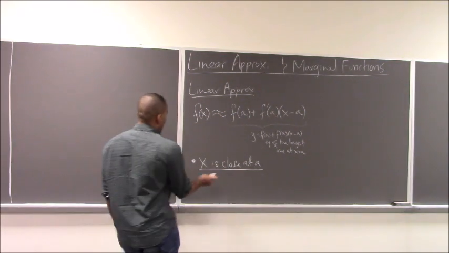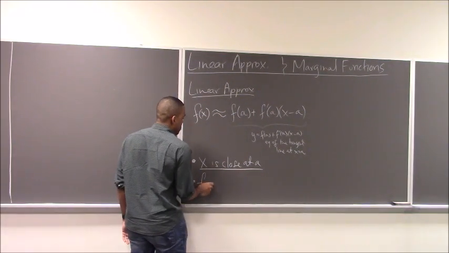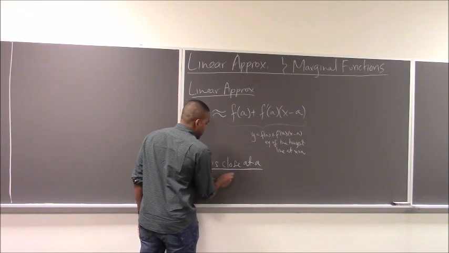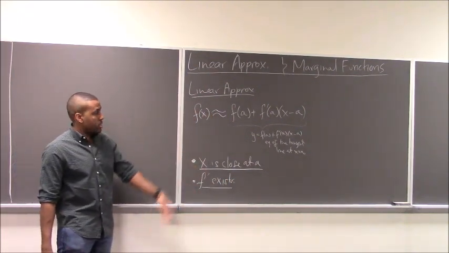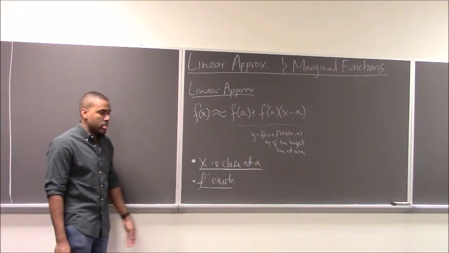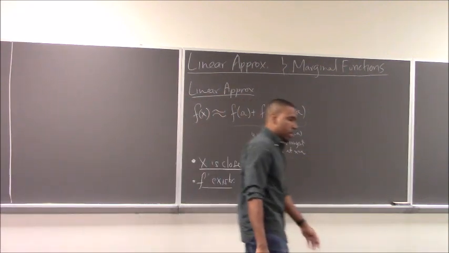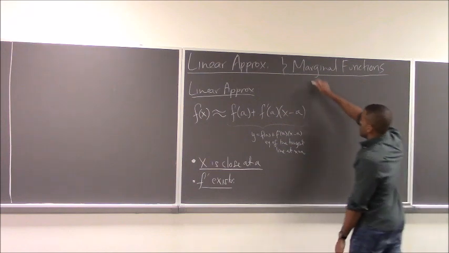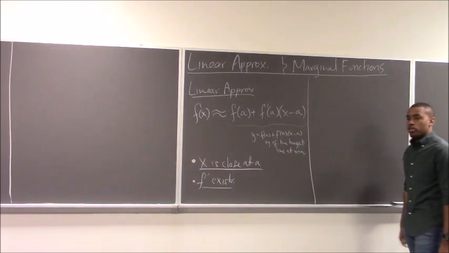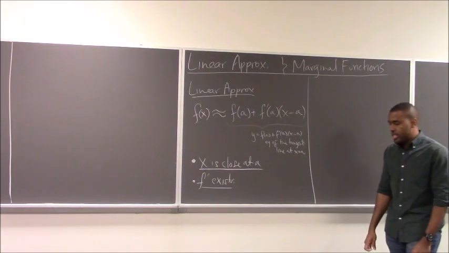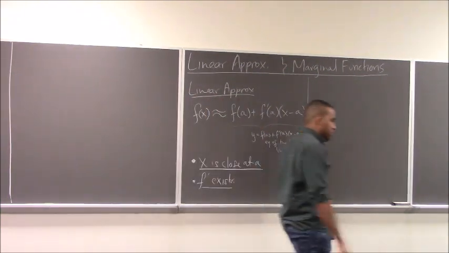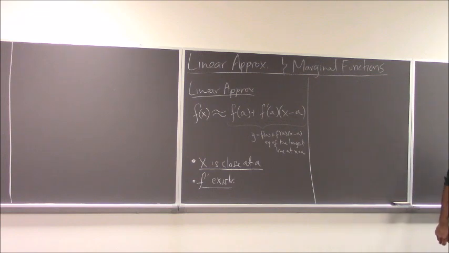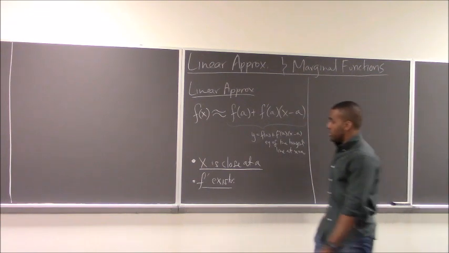Of course there are other things, like f has to be differentiable, all that stuff. But if f prime exists and your x is close to a, this approximation is useful because the tangent line and the function do pretty much the same thing once you zoom in far enough. We actually did an example of this where by hand we worked out, I believe, the square root of 3.99, and we got that correct to a lot of decimal places.